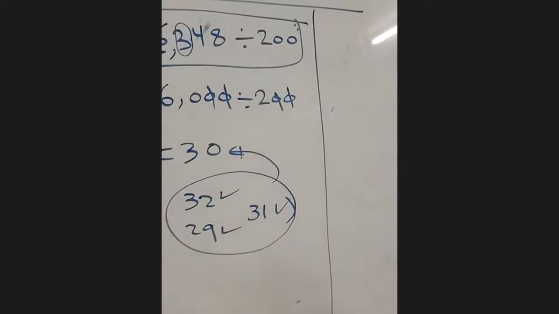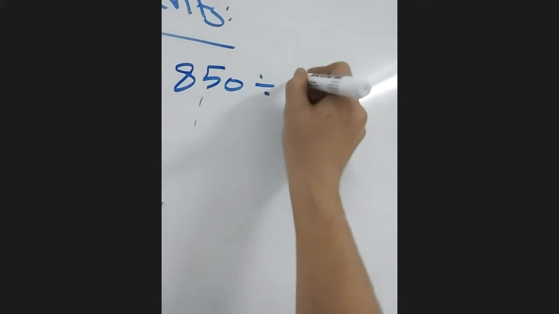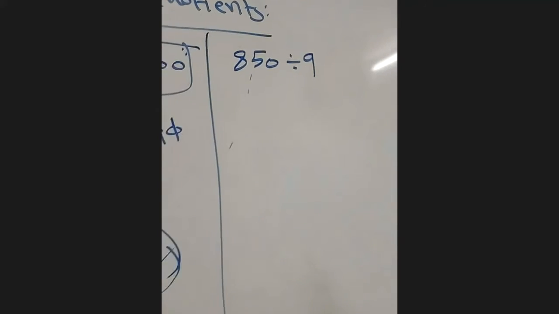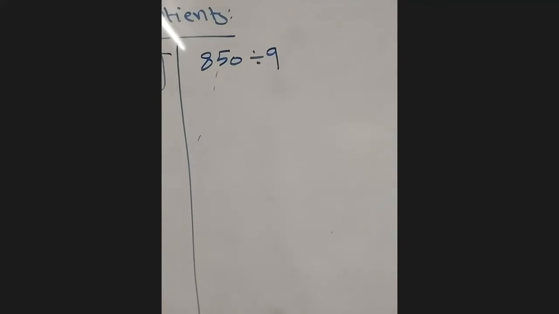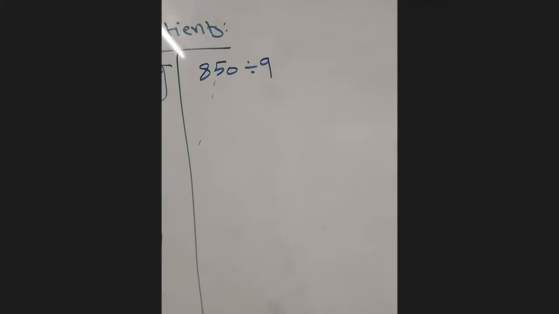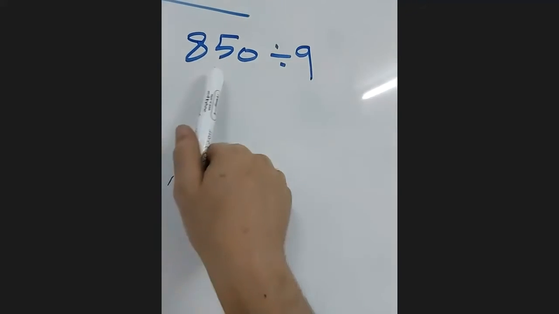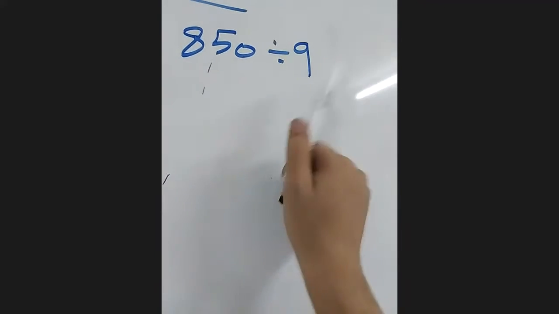Now, another example about this idea. For example, if we have 850 divided by 9. Now, let's start with the 8. 8 cannot be divided by 9, guys. 85 also cannot be divided by 9.